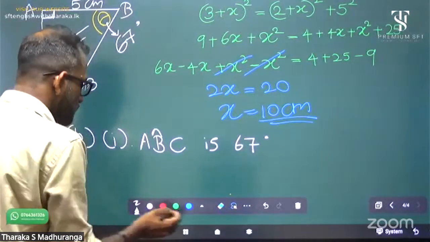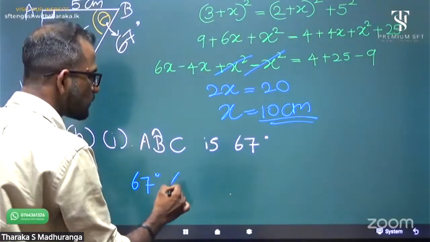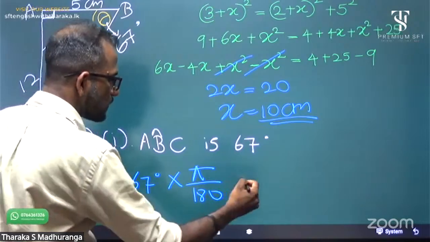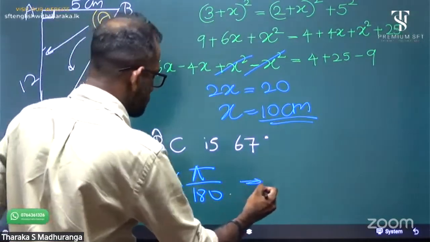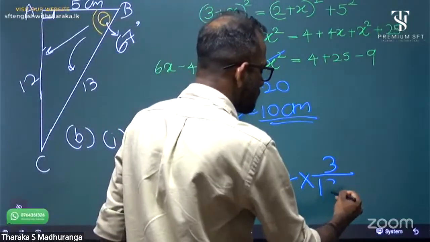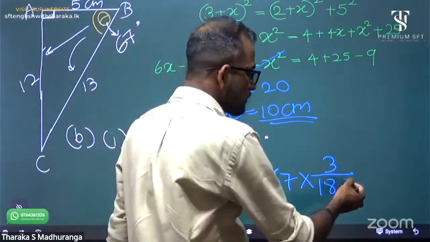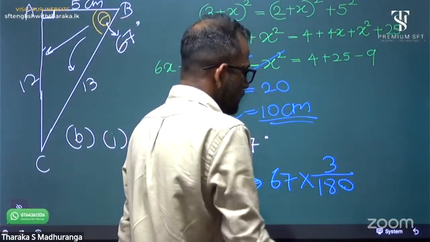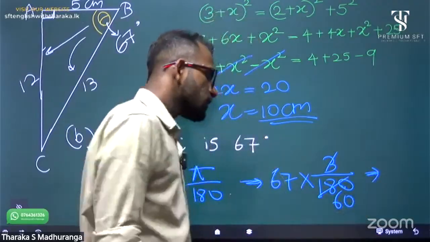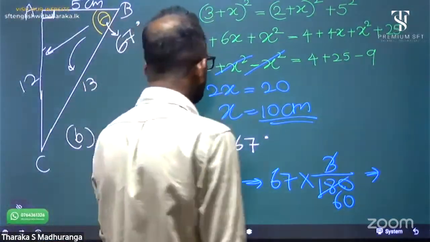Now you can convert 67 into radian. 67 degrees. How to convert into radian? Pi over 180 multiplied by pi over 180. Now pi equal 3. 67 multiplied by 3 over 180. Why pi over 3? It is already given. Now it is 60. 67 divided by 60. It is 1.12.